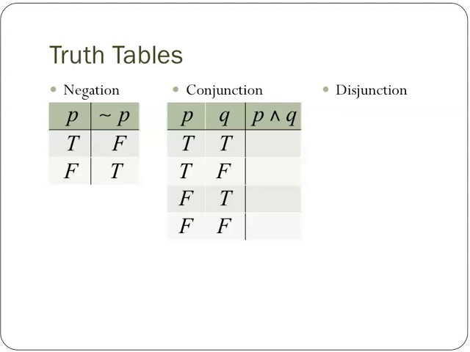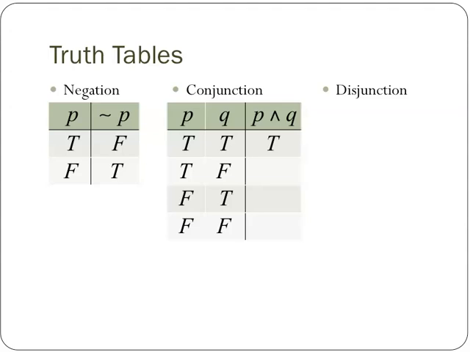Well, it depends on the component statements. For a conjunction, both statements must be true in order for P and Q as a compound statement to be true. So if you look at the first row there, both P and Q are true. So our compound statement, P and Q, is also true.